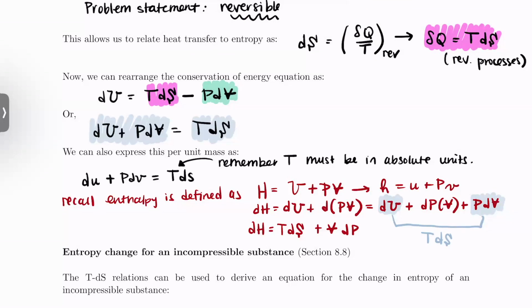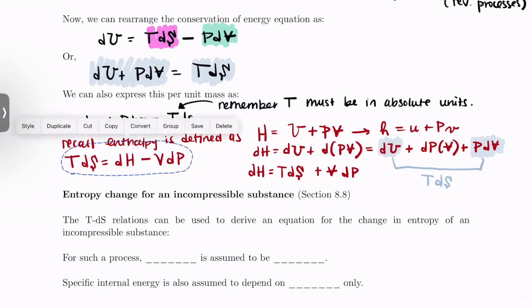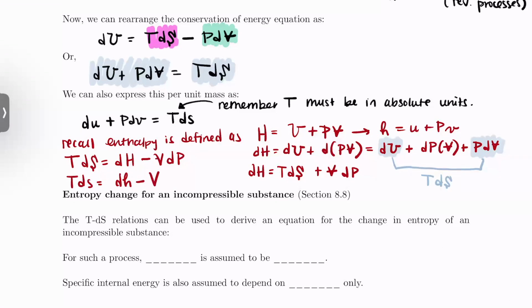All right, so we can write our equation as T ds is equal to dH minus V dP, or in specific values, then this becomes T ds is equal to dh minus specific volume dP.